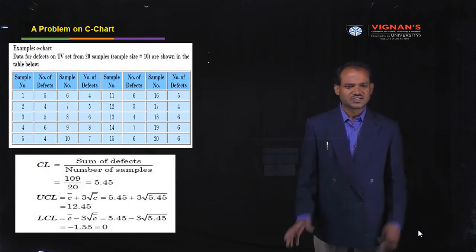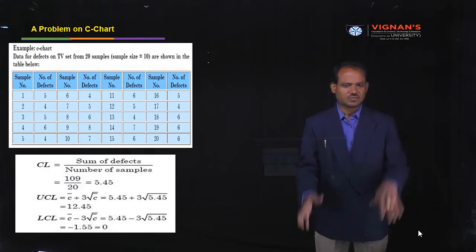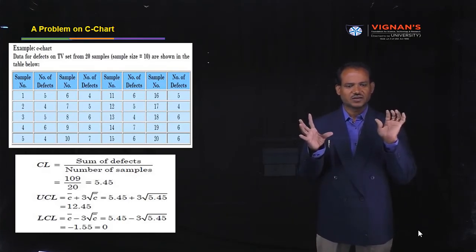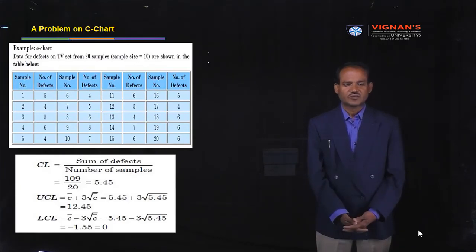C chart is suitable. First of all, calculate C bar. C bar is nothing but the control limit or center line. Already given formulas. C bar is equal to sum of defects in all the samples divided by number of samples.